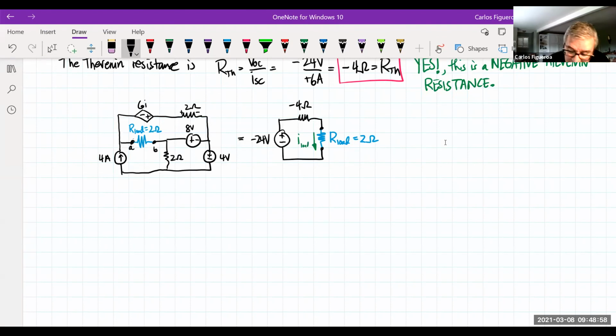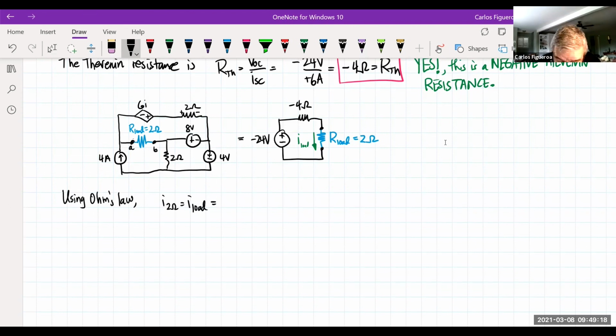And when you look at this thing, I'm going to use Ohm's law. You're going to see here that the current of the 2 ohm, which is the current of the load, is then going to be what?